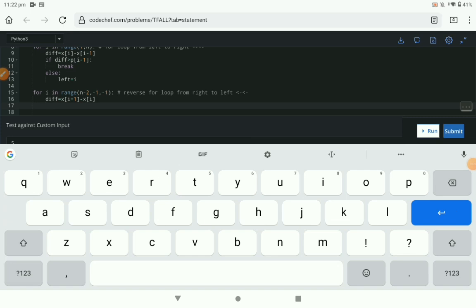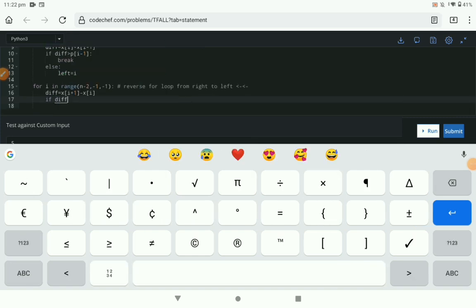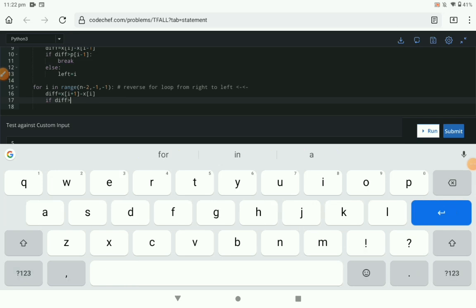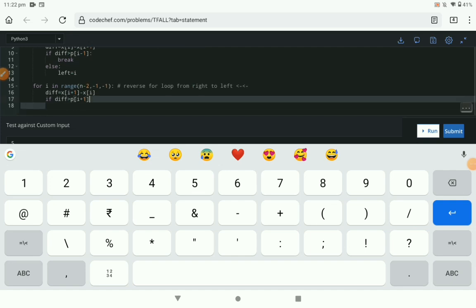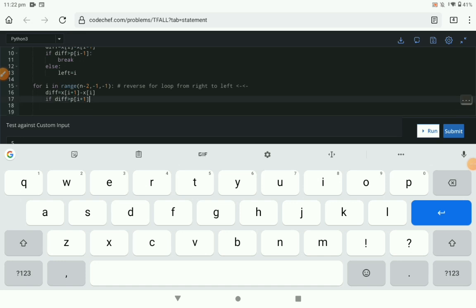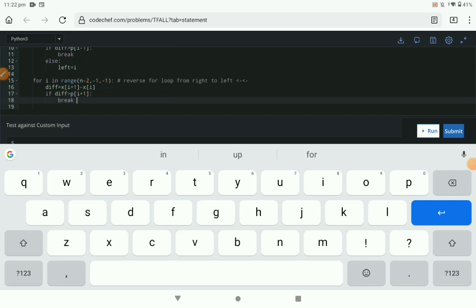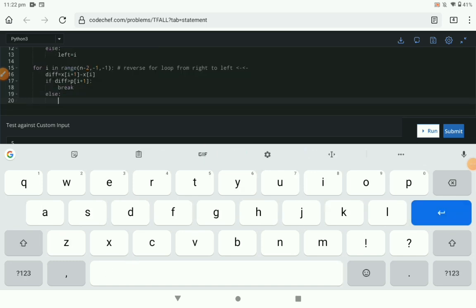If the difference is greater than p of i plus 1, else right equals to i.